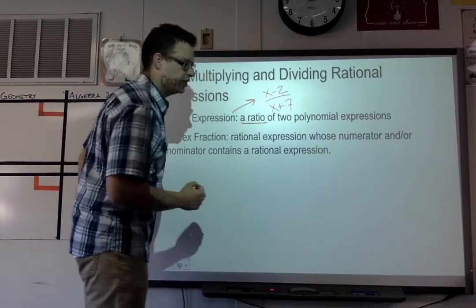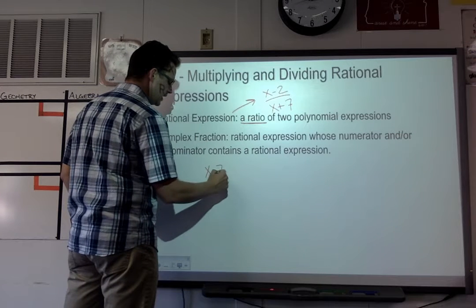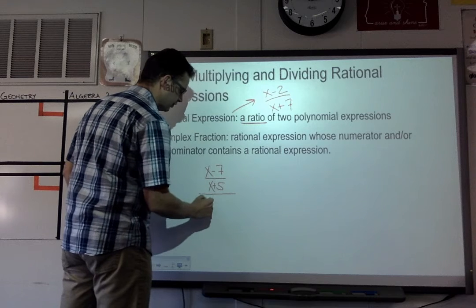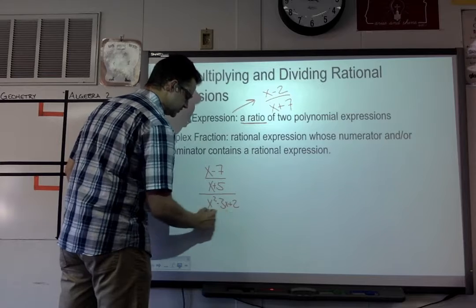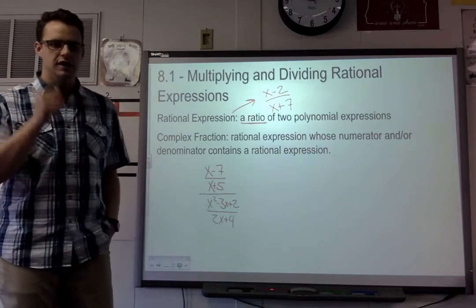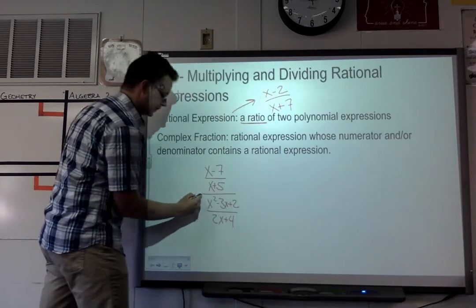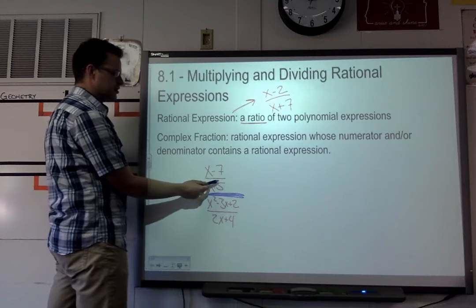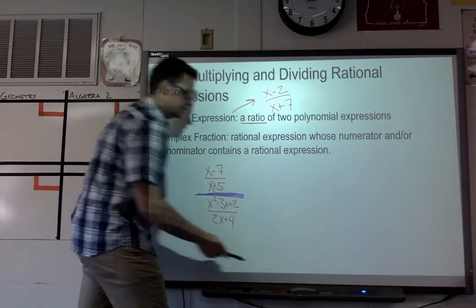So an example of this could be, let's say, x minus 7 over x plus 5, over x squared minus 3x plus 2 over 2x plus 4. So this would be a complex fraction where we have one fraction that has another fraction or another rational expression in the numerator and in the denominator.